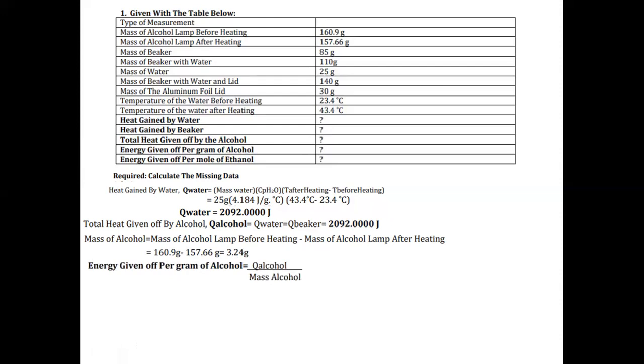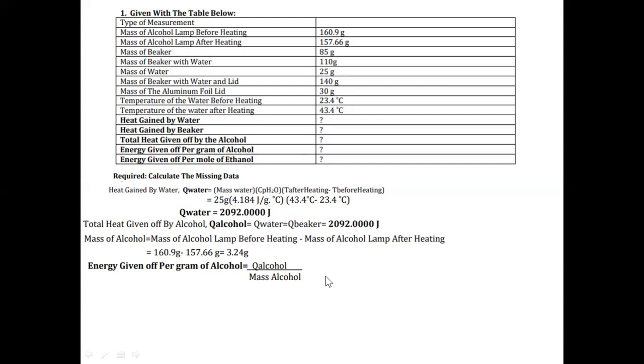Now, the third step is to determine the energy given off per gram of alcohol. We divide the heat gained by the water, since they are equal, by the mass of alcohol used for heating the water.